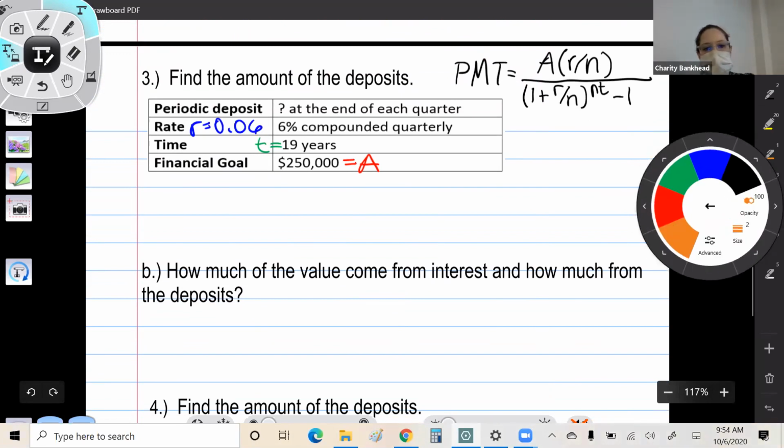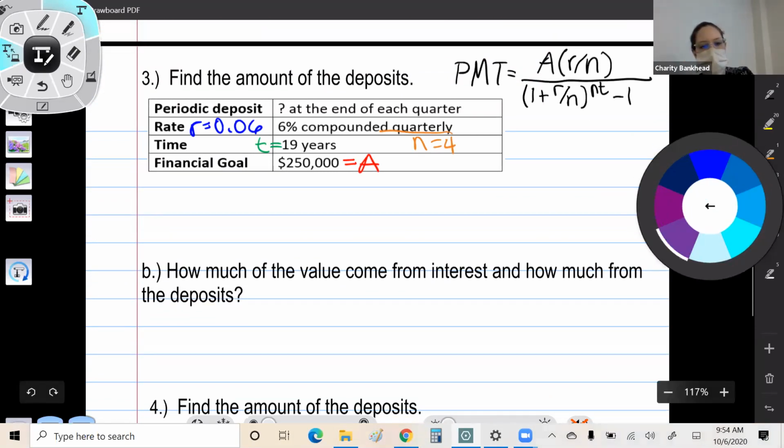And since it's compounded quarterly, your N equals 4. Minus 1. To the power of NT.